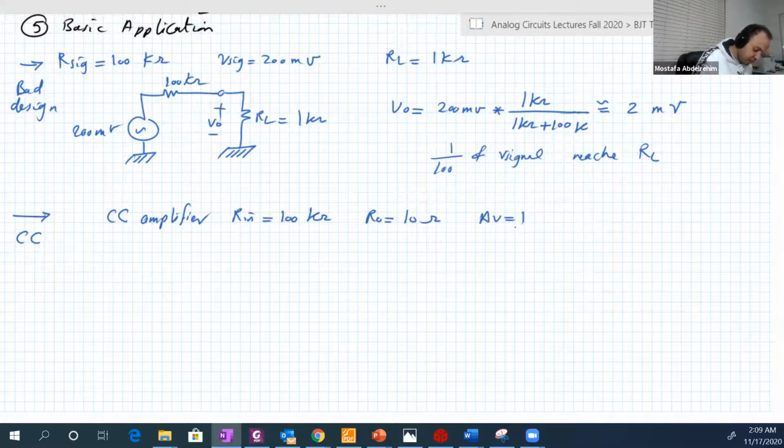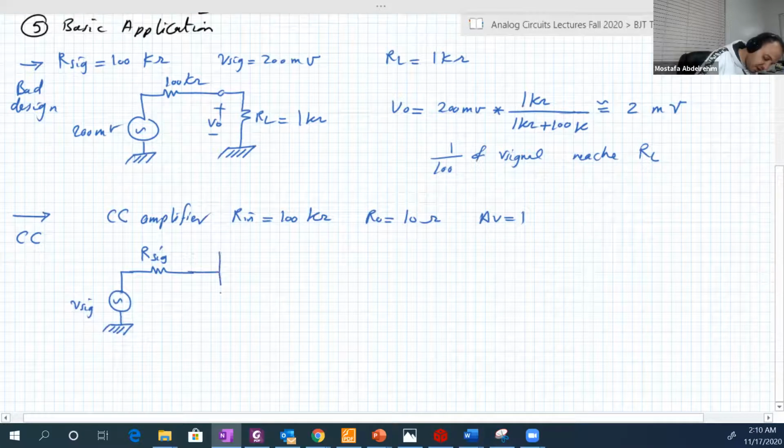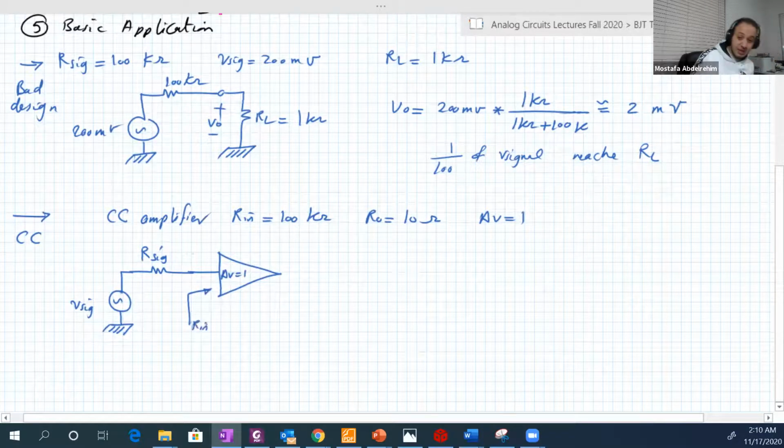So let's draw the schematic of this example. We have our signal here, the internal resistance, and our V signal, which is 200 millivolt. Then we have our amplifier here. Remember, this is a symbol for the amplifier. AV is equal to 1. Here the source sees our input.